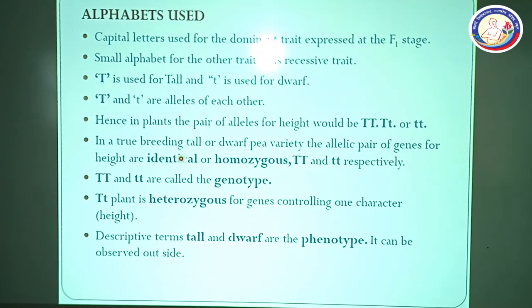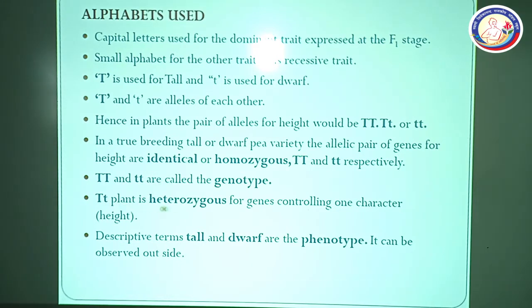In true breeding tall or dwarf parent varieties, the allelic pair of genes for height are identical or homogeneous. So in true breeding, the product will be homozygous, and these are capital T capital T and small t small t respectively. So these are the genotypes and both are homozygous.